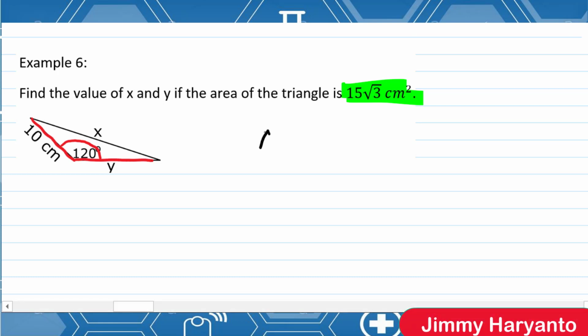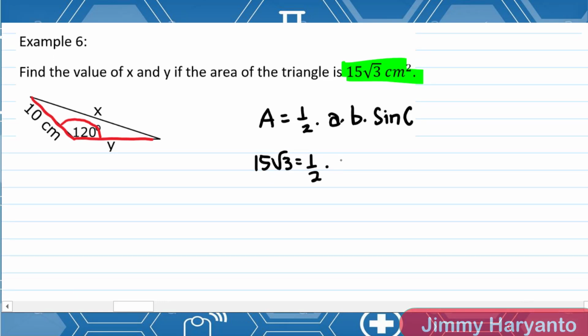So we can use the area formula, half times a times b times sine C. For this one, the area I can change into 15 square root of 3 equals half times the first side, which is 10 centimeters, and then the second side is y. You cannot use x, you have to use y because both of them are in between the 120 degrees. Times sine 120 degrees.